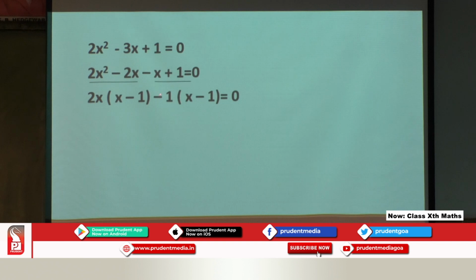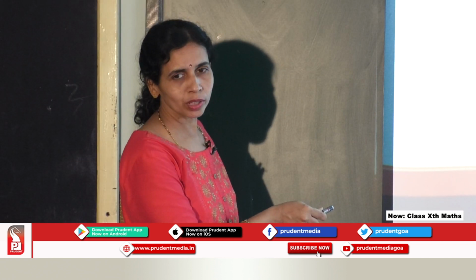So I took negative 1 as common, the remaining is x, and since the outside sign is negative, we change the sign inside: positive changes to negative, and 1, equal to 0.